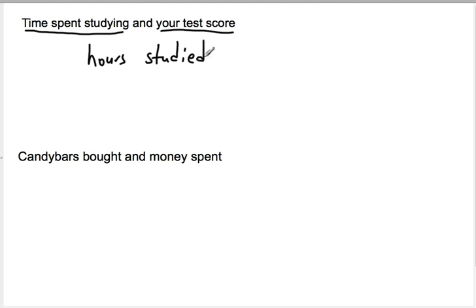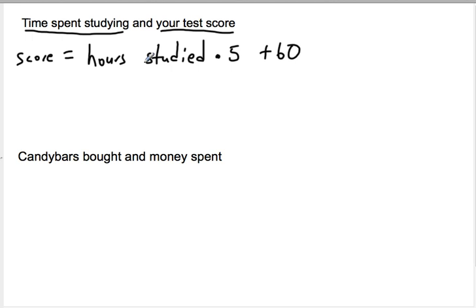So you can say hours studied times 5 plus 60 equals score. Right? So if you study for 0 hours, multiply that by 5, so 0 plus 60, you feel like, okay, I'll get 60% on this test if I don't study. But if I study an hour, I'll get 65. Or if I study 2 hours, I'll get 70.